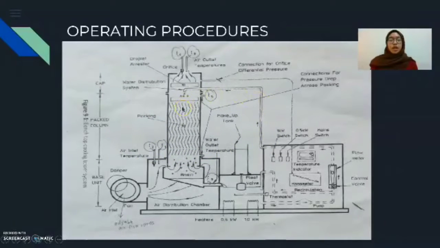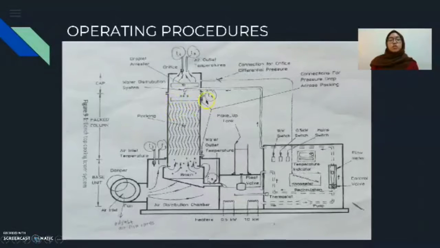So I'll be explaining how this machine works. First, the water in the load tank will be pumped into the control valve, and then it goes into the cap column. The cap column has a temperature sensor here, so it will detect the temperature, and then the water will flow into the top of the packing column.